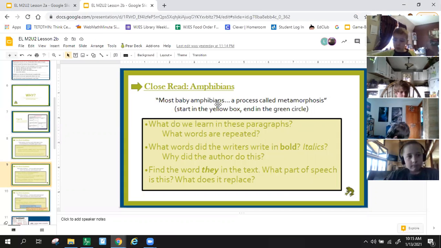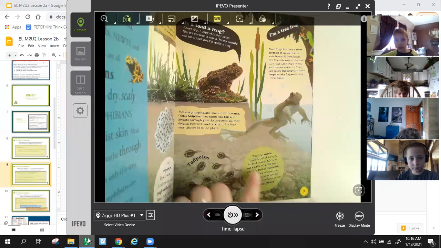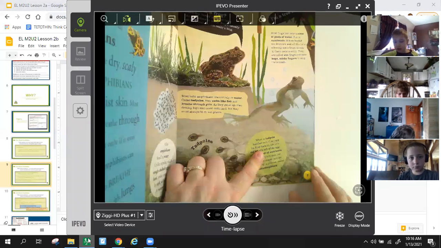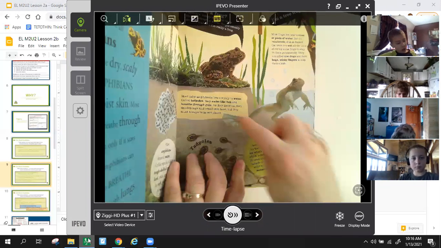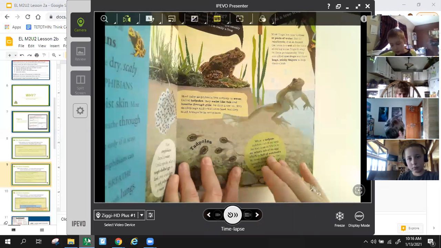We're going to focus on this section, well, actually it starts with when a tadpole hatches out of an egg, but then we move on to this next sentence here. Let's read this. Hopefully you're all looking in your book. So let's figure out, what does this paragraph have to do with this paragraph? Let's take a look at it.